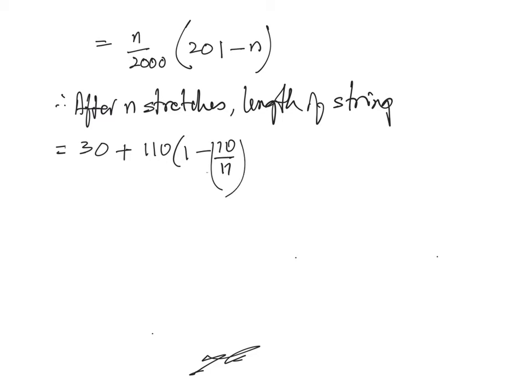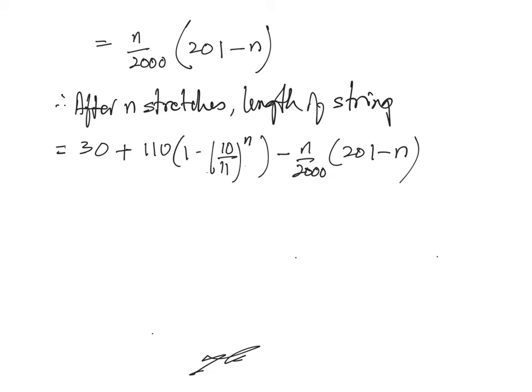My 11 is badly written. Subtract the contraction, and the contraction is this one at the top, which is n over 2000, 201 minus n.